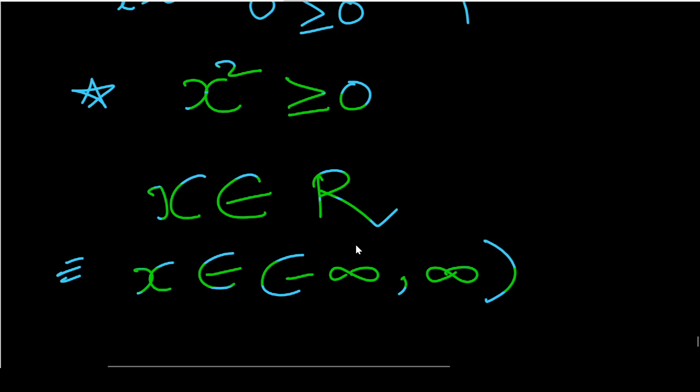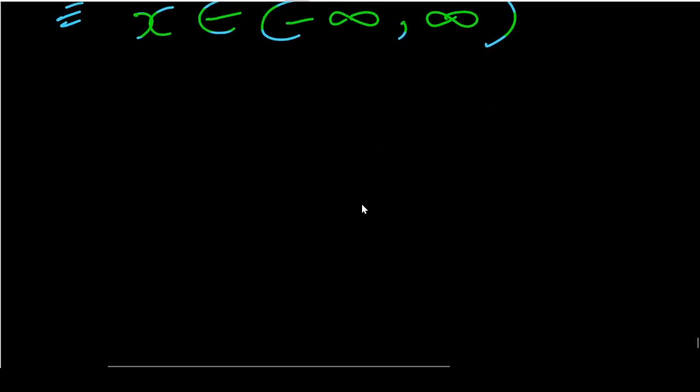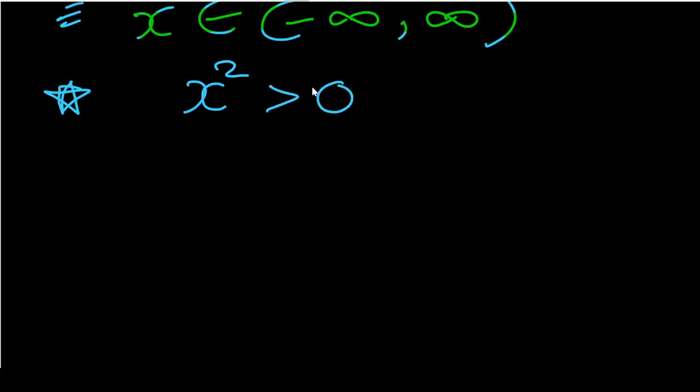What if x square is greater than 0? For what x will this hold? X is what?